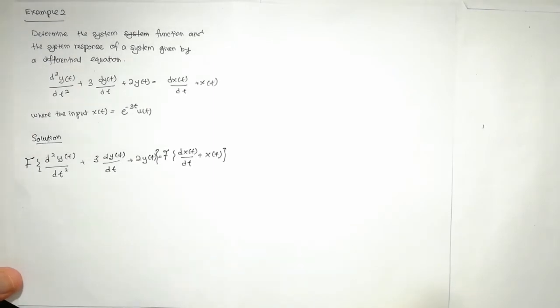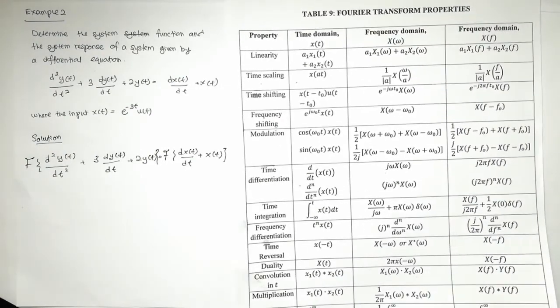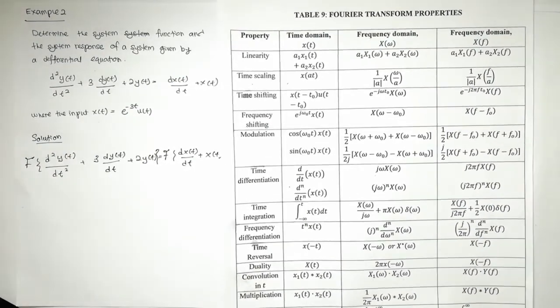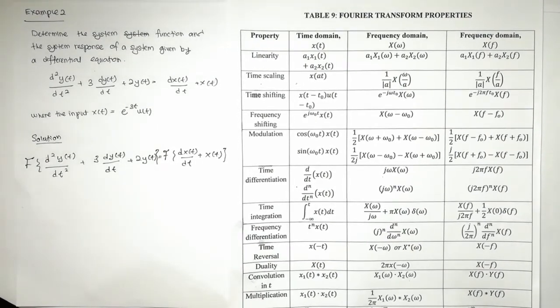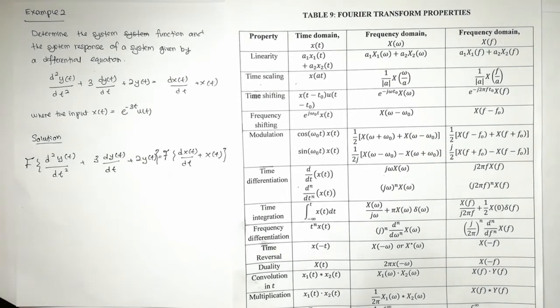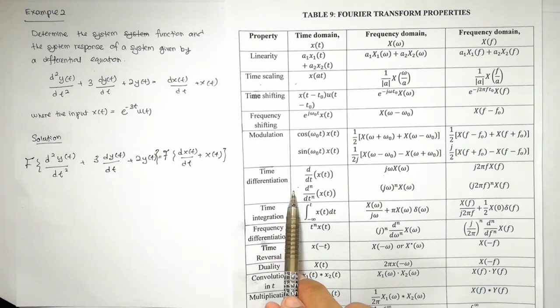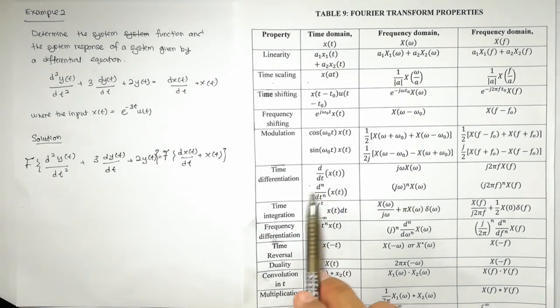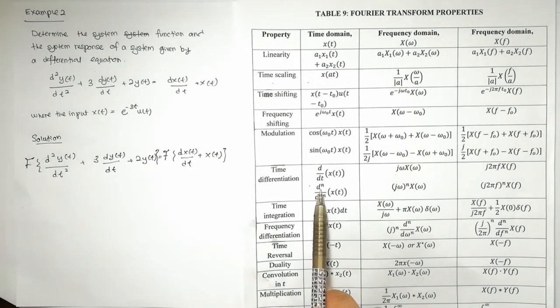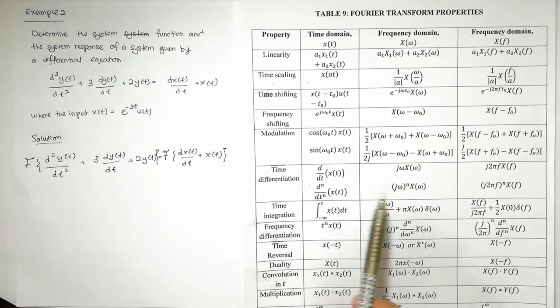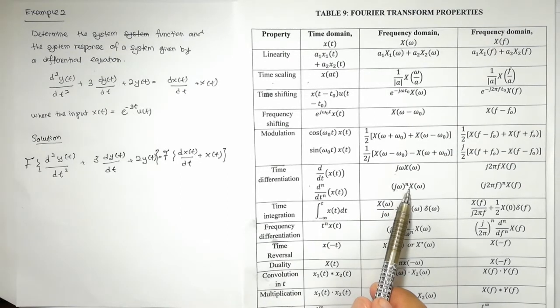We need to refer to our Fourier transform properties, specifically time differentiation. Over here we have dx/dt giving j omega X omega, and if we have the nth derivative of x(t), we have (j omega) to the power of n times X omega.